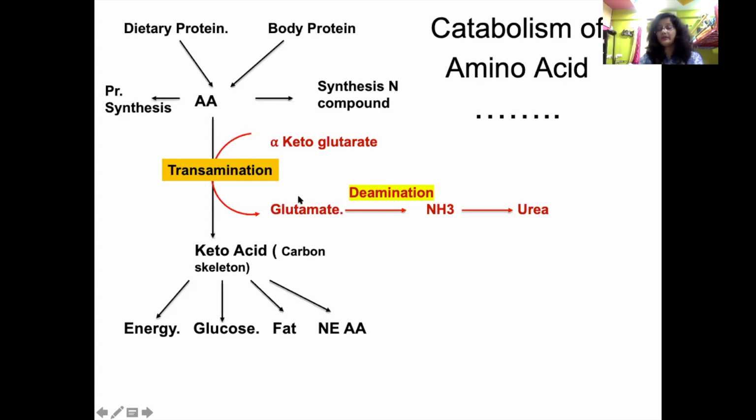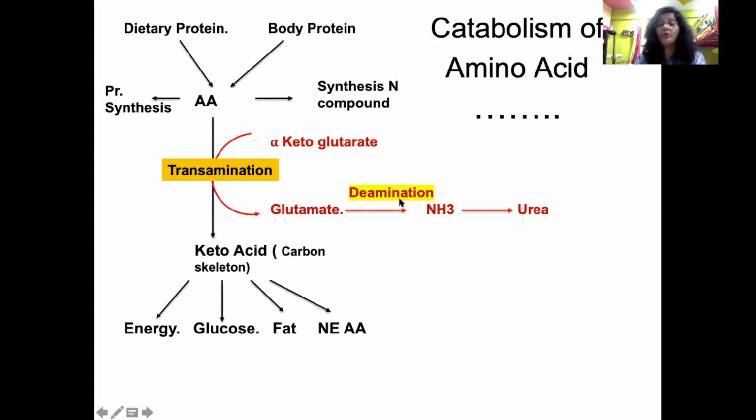We have previously discussed that this glutamate is very important. Do you remember that in the amino acid pool 50% of the quantity is glutamate. This glutamate has the capacity to undergo deamination. So you can see that by the transamination reaction, all amino acids are channelized to glutamate, and this glutamate undergoes deamination.